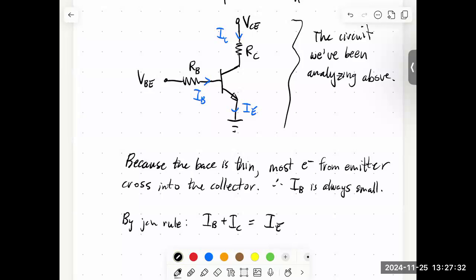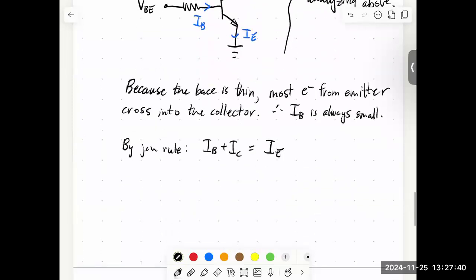But if I base is really small, it must be true that the collector and emitter currents are about equal. Since I base is small, I collector is approximately equal to I emitter.